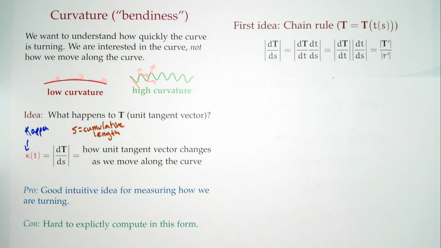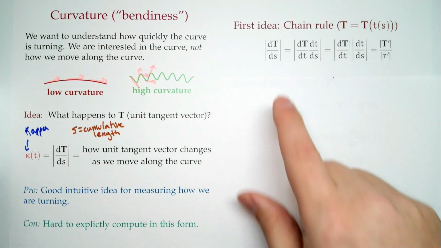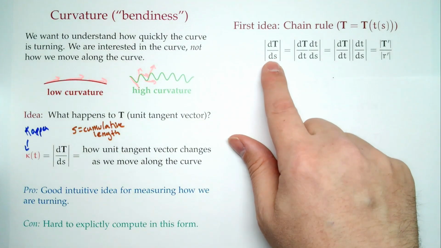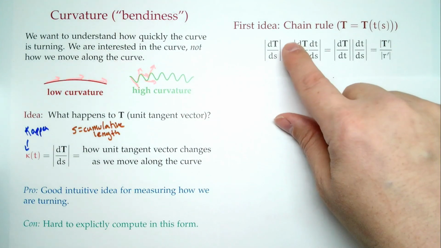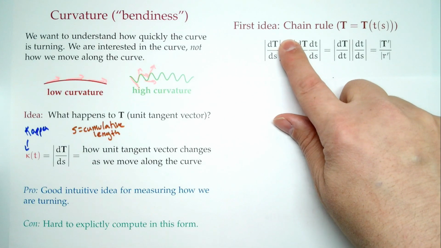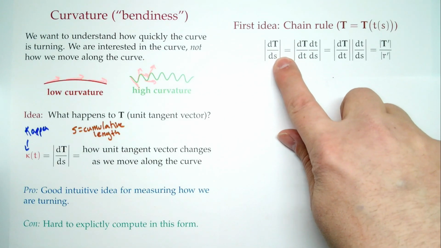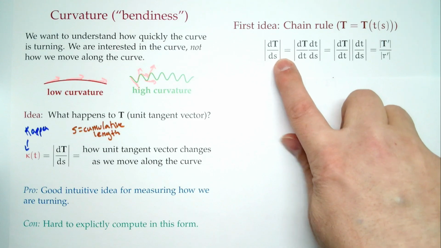So I have a function within a function: capital T of lowercase t of s. So that's what I want, because I'm talking about taking the derivative of the unit tangent vector with respect to s. When I see this notation, it really says I should think of my function on the top, in this case the unit tangent vector, as a function of what's on the bottom, s.